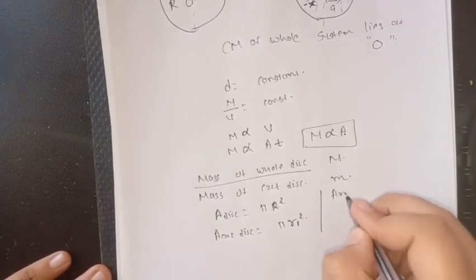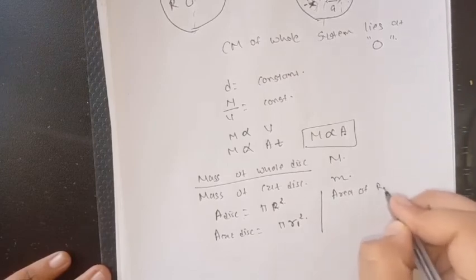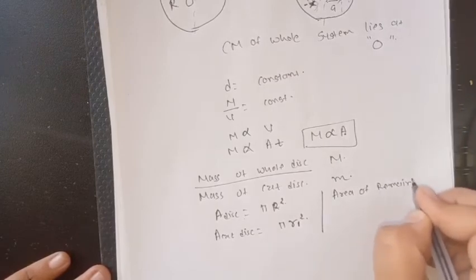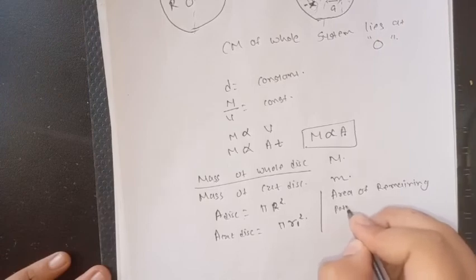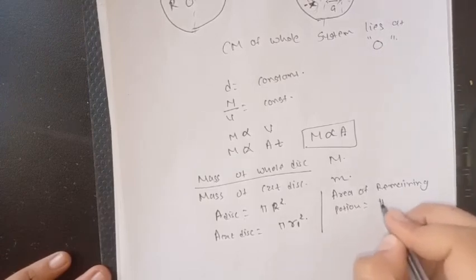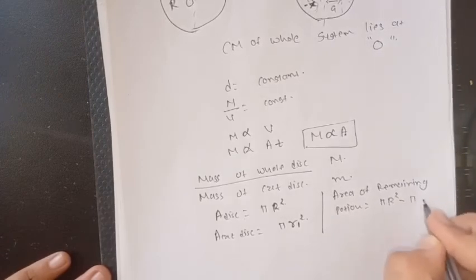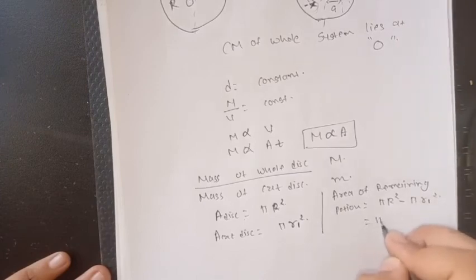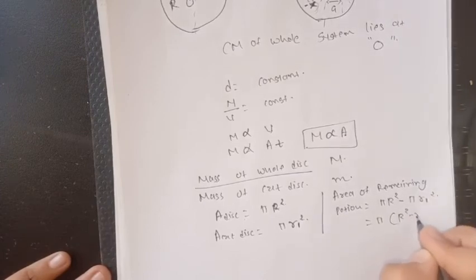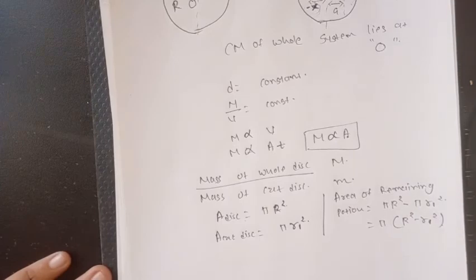So the area of remaining portion will be total area minus cut part pi r1 square. So this will be pi (r square minus r1 square).